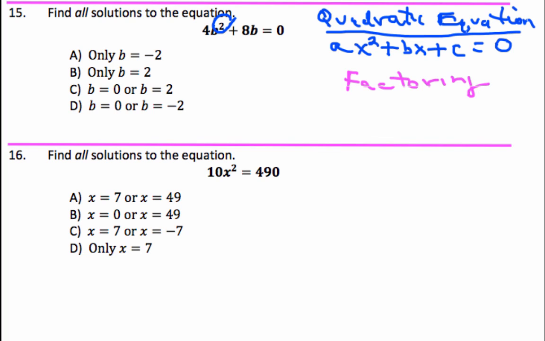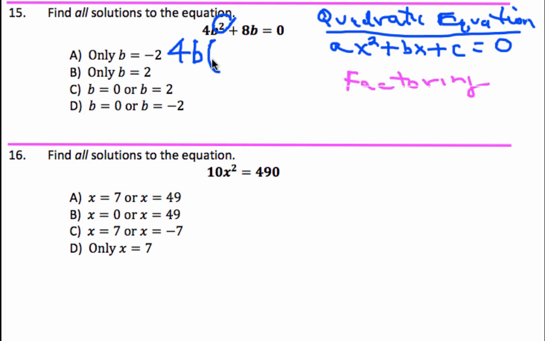So the first thing you have to do is set the equation equal to 0. Well, they've already done that for you. The next step is to factor. Remember, the first step in any factoring problem is to find the greatest common factor, the GCF. We see here that 4 is the greatest number that divides 4 and 8. b is common to both terms. We use its lowest exponent of 1, so the GCF is 4b.